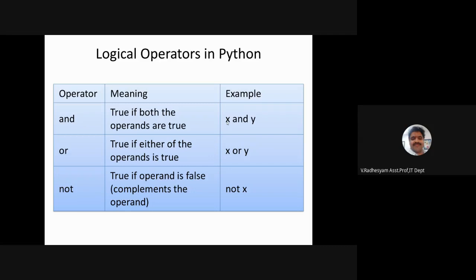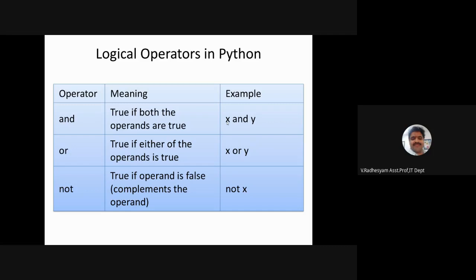If the user entered any one of the characters A, E, I, O, U, then it is a vowel, otherwise it is a consonant. NOT is used to calculate the complement of a condition.